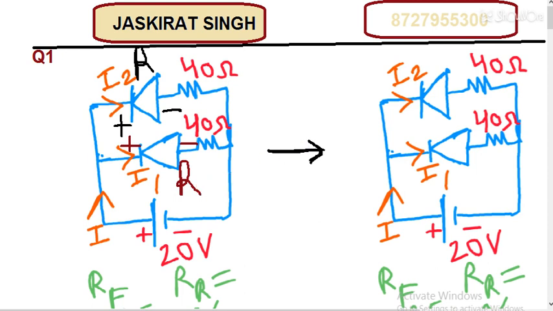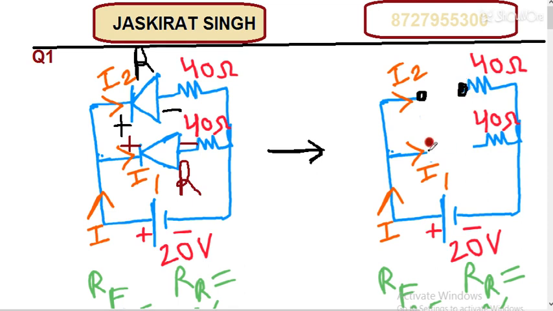If I redraw this circuit, it will be like this one. This diode is reverse bias, so it will act as an open switch. This will also act as an open switch. These two diodes will act as open switches, offering infinite resistance between these two points.